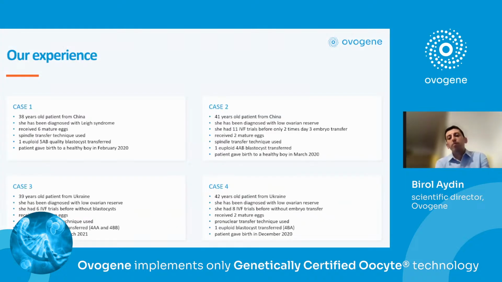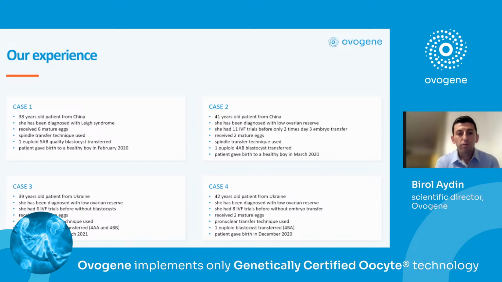If we are talking about our experience with mitochondrial transfer, of course, there are many cases, but I specially chose some of them which are considered very difficult cases, in which mostly all patients have had many trials.